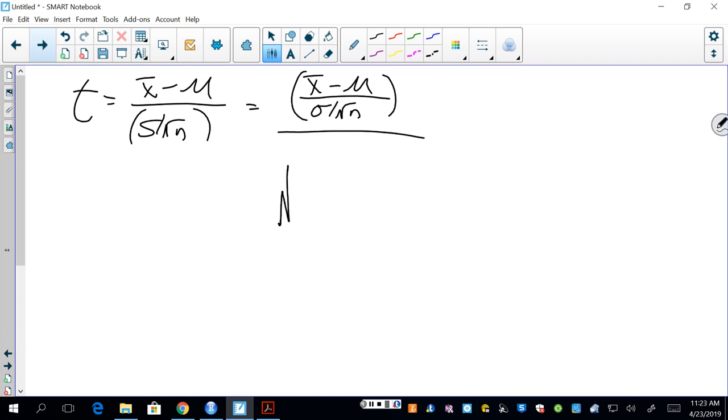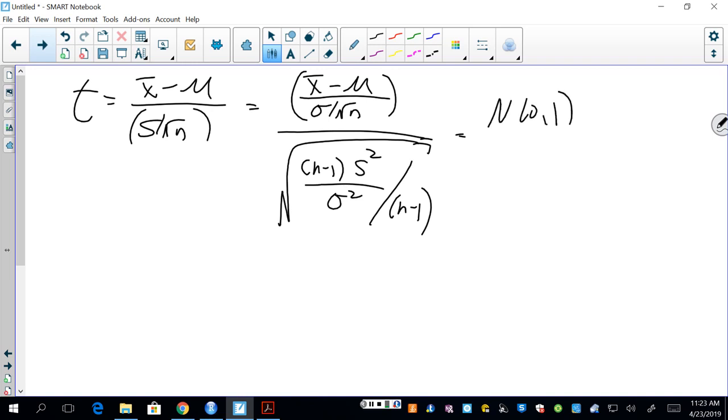And then you have a big square root here, of n minus 1 s squared over sigma squared, and all of that divided by n minus 1. The thing in the numerator looks like a standard normal random variable. This thing is the thing that we said was a chi-square.